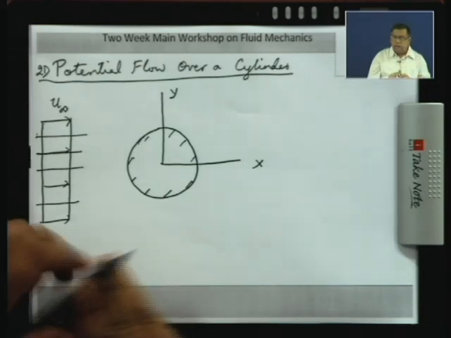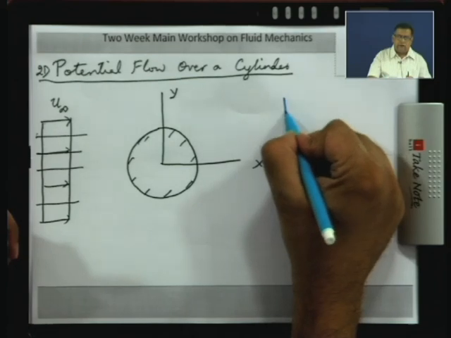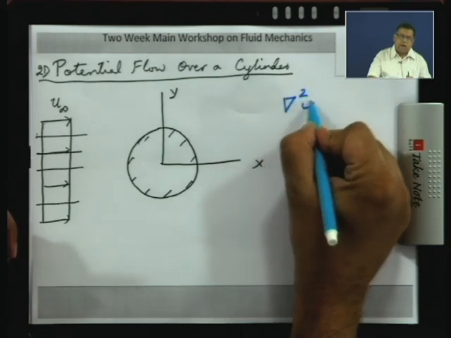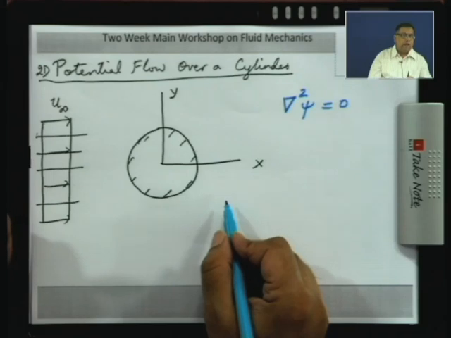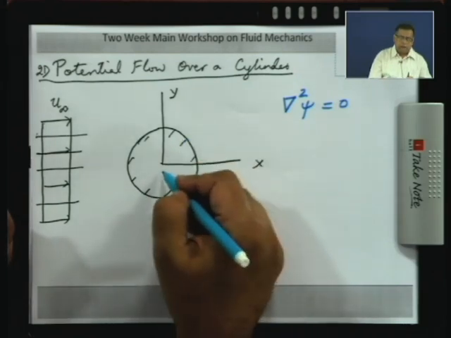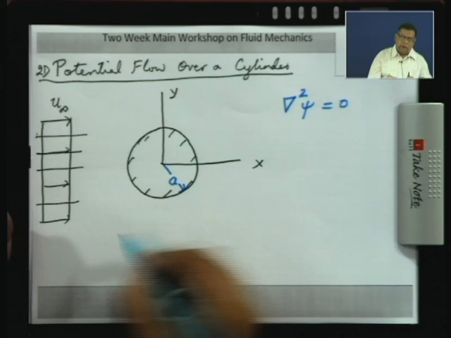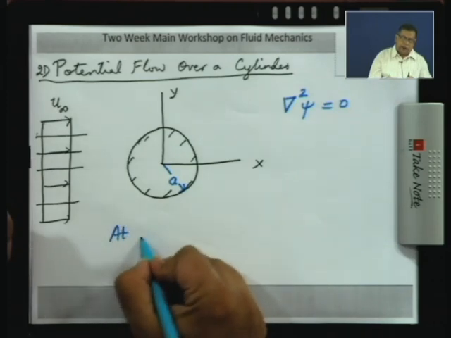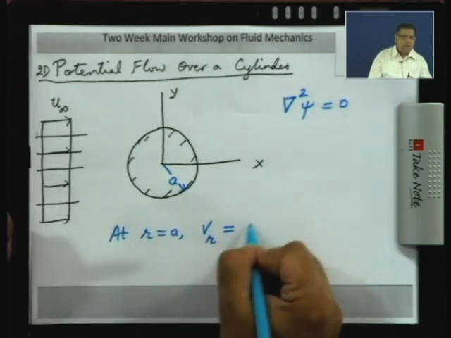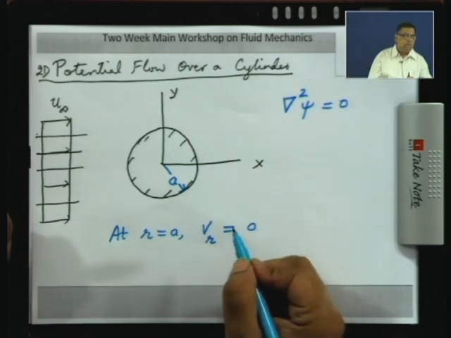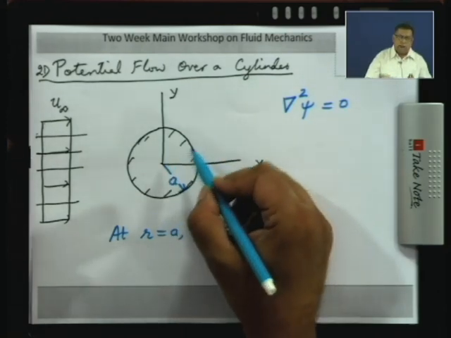Now, if it is potential flow, we have seen that we can get a solution for the stream function by solving the 2D Laplace equation. Now, we have to apply boundary conditions on the surface of the cylinder. So, if I say the radius of the cylinder is a, then you have this condition that at r equal to a, the radial velocity is 0. Here it is preferable to use cylindrical coordinates.